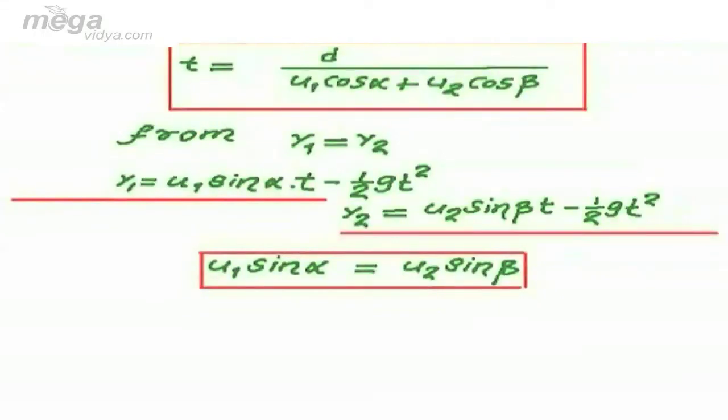You can go through this analysis to find the time at which collision occurs, and the condition that the initial velocity components of projection along the vertical direction must be equal. If the y components of velocity of the two projectiles at the time of projection are equal, then they will always reach the same height at any instant.